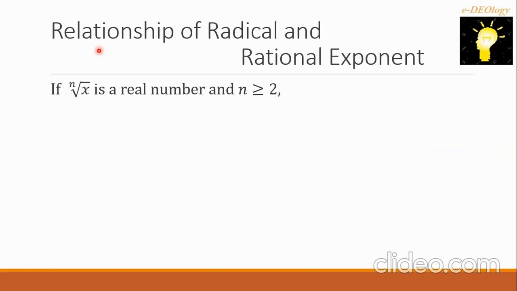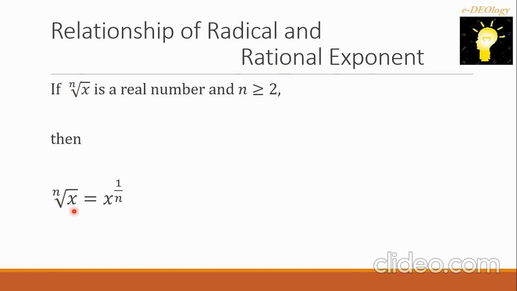Let us go to the relationship of radical and rational exponent. If we have a radical, the nth root of x, and this is a real number, and n is greater than or equal to 2, take note that n is the index. Then the relationship of radical and rational exponent is given in this equation.